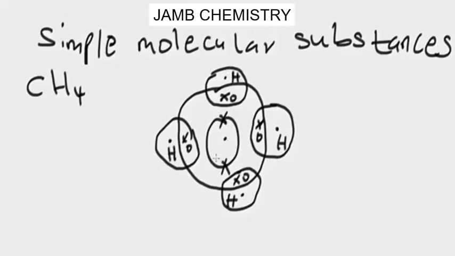Alright, so the center diagram is for carbon. You can decide to label this your carbon. Alright, so this will be the dot and cross diagram of methane gas or molecule. So it forms 4 covalent bonds with hydrogen atoms to fill up its outer shell.